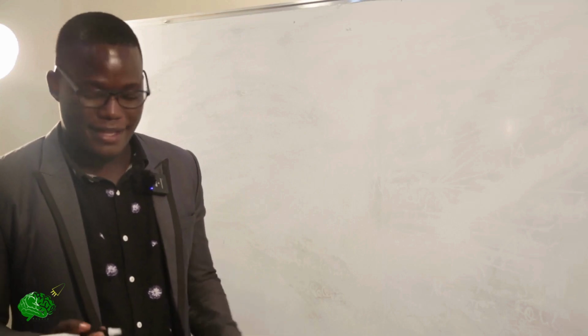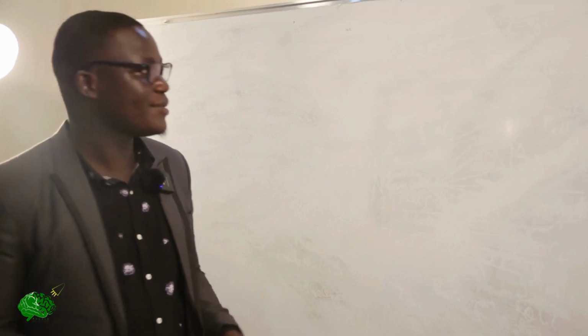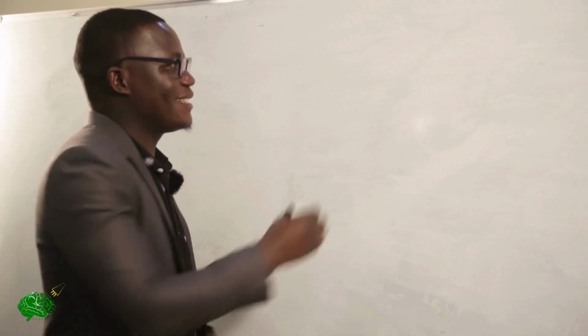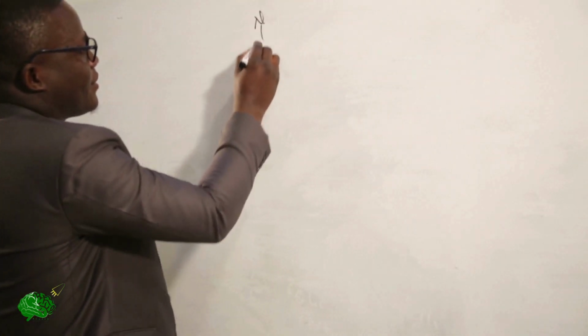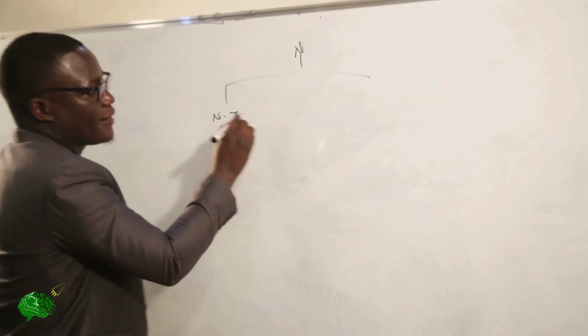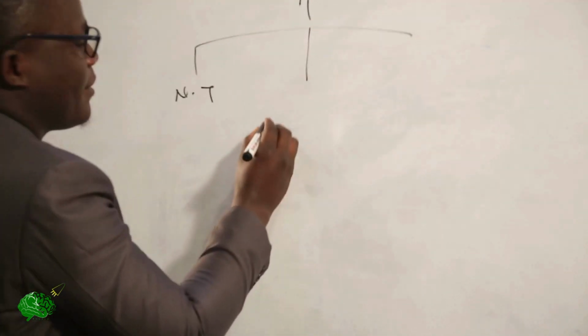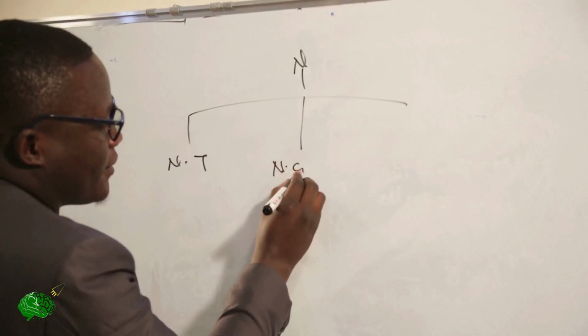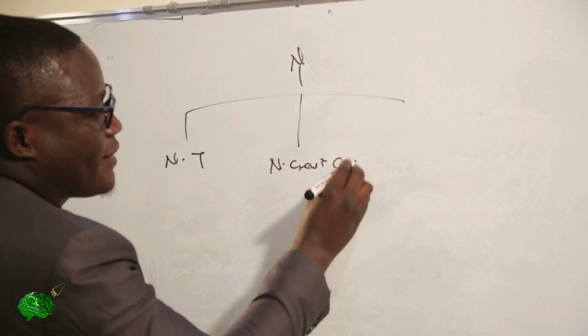Okay, so we have seen that by the end of neurulation, we have come up with three things. We have come up with the neural tube itself. The second thing, we came up with the neural crest cells.